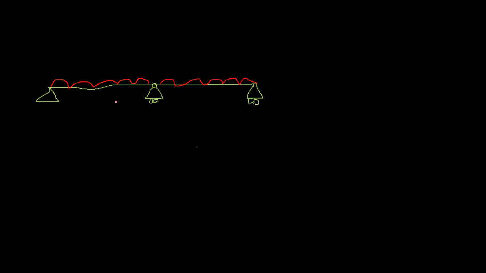Now it's not even continuous. So this part can move relatively, and this part can move relatively. Remember the hinge here. That video showed you. So here you bring the moment to 0, but still there are rotations.